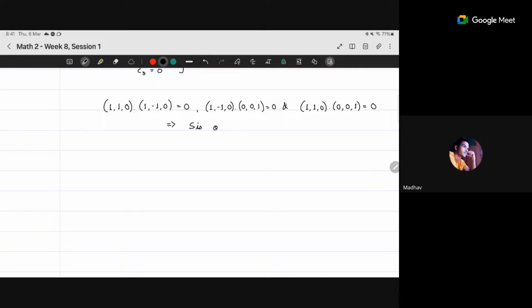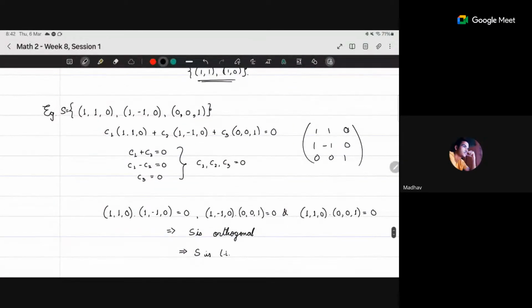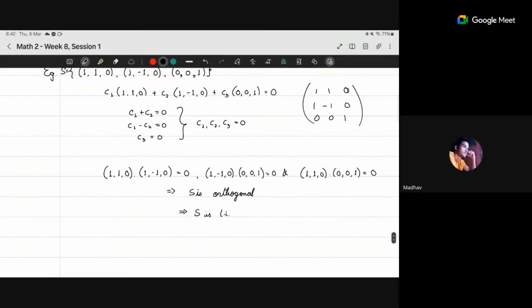To expand more on it, S is orthogonal, and therefore S is linearly independent. You can say it this way.